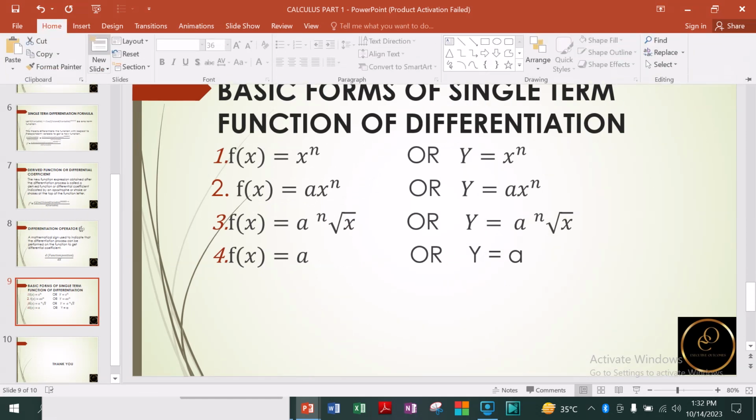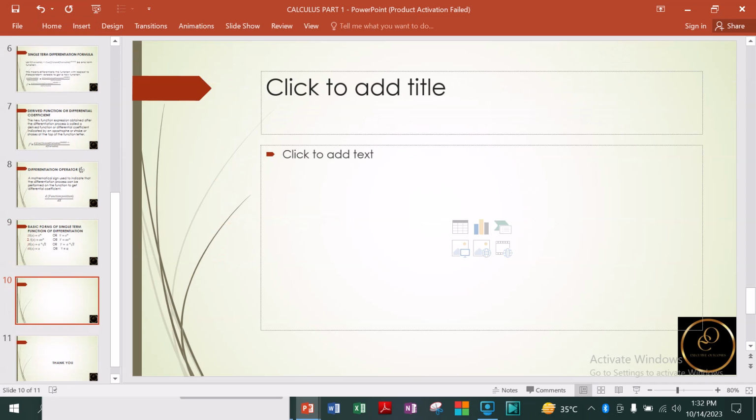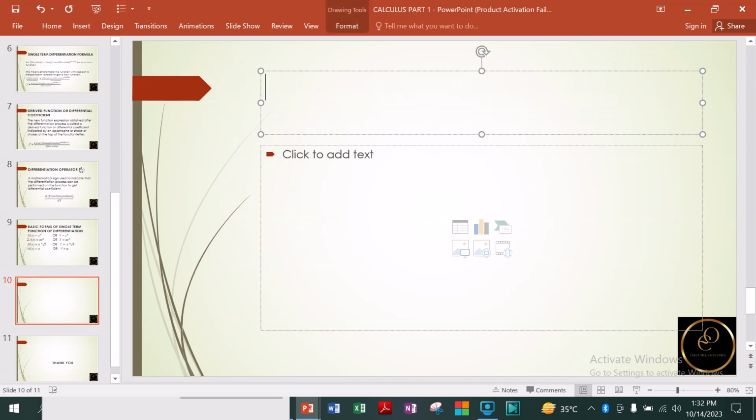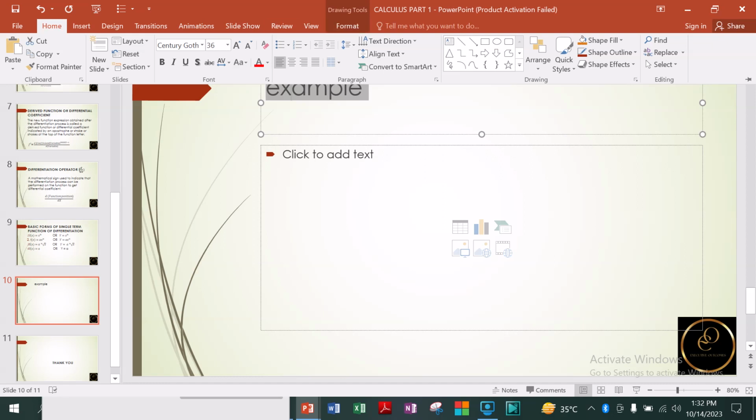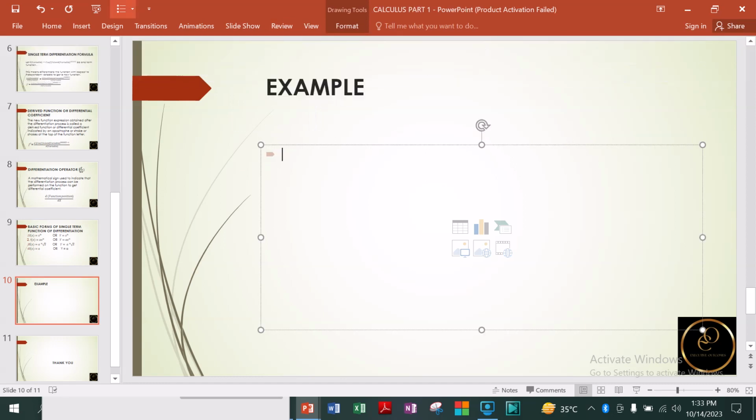So let's look at a couple of examples. Let's look at the first example.